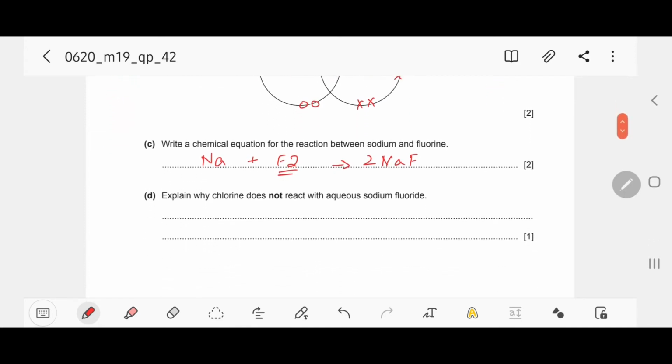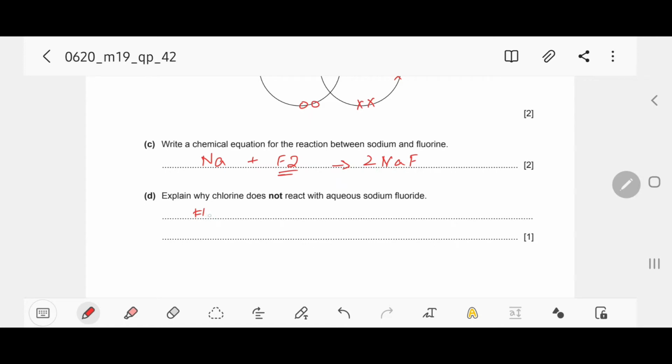You can check. Explain why chlorine does not react with aqueous sodium fluoride. Well, there is a chapter called Reactivity Series where we learn that the more reactive metal will displace, and the less reactive one will stay in its place and will not displace. So we will simply say that fluorine is more reactive than chlorine.